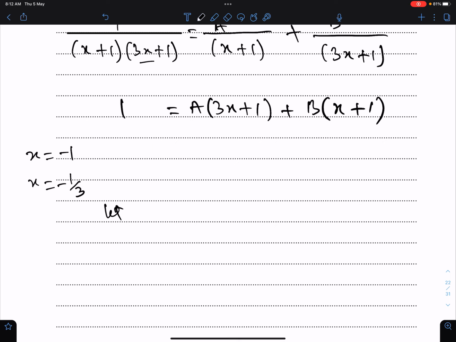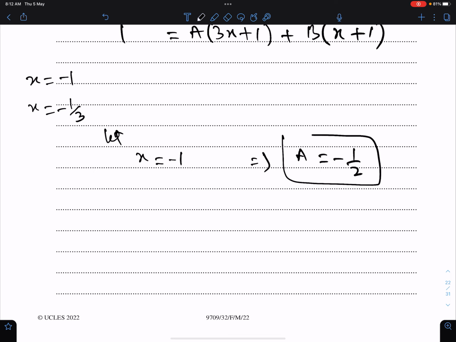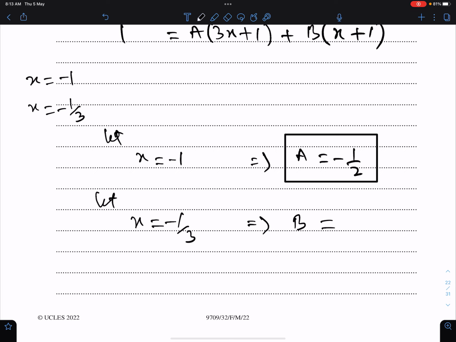So first I'm substituting x equals minus 1. So when we put x equals minus 1, then we'll get a equals minus half. This is the value of a. Now I'm letting x equals minus 1 upon 3. Therefore b is 3 upon 2.